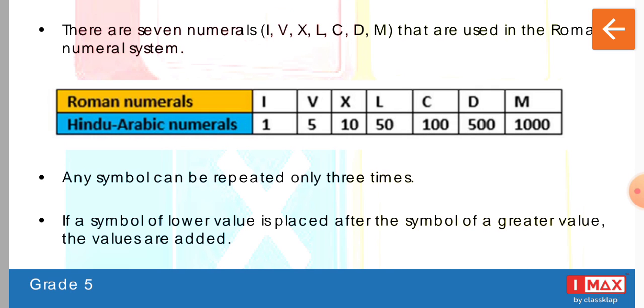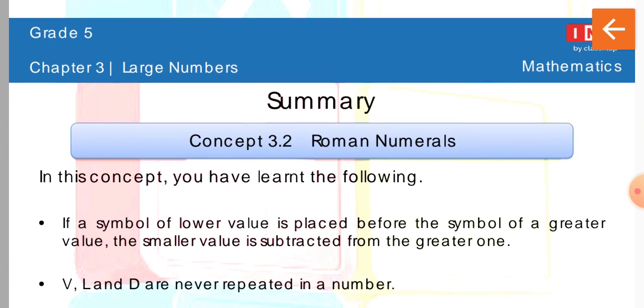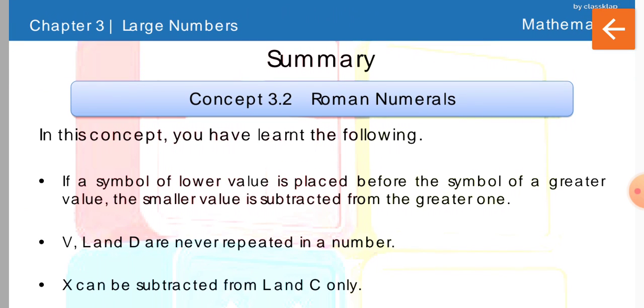And when it comes on the left side, the value is subtracted. If a symbol of lower value is placed before the symbol of a greater value, the smaller value is subtracted from the greater one.